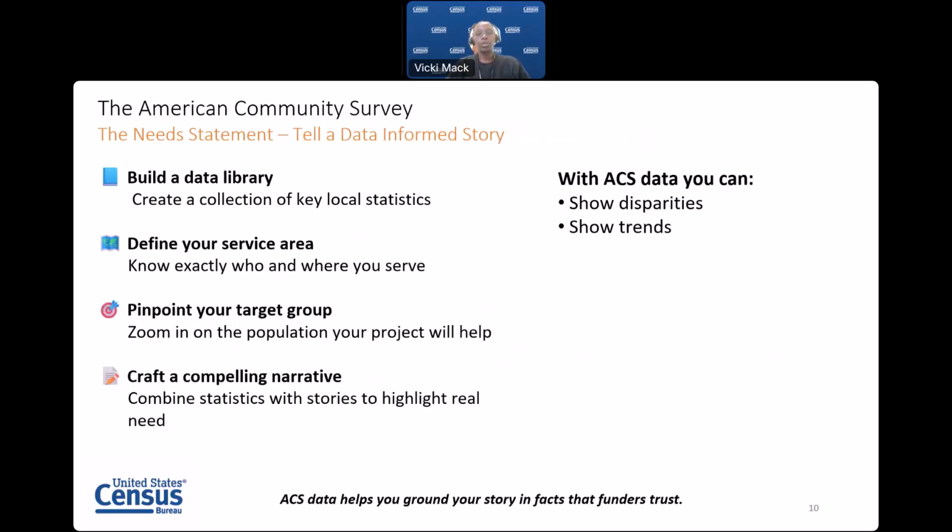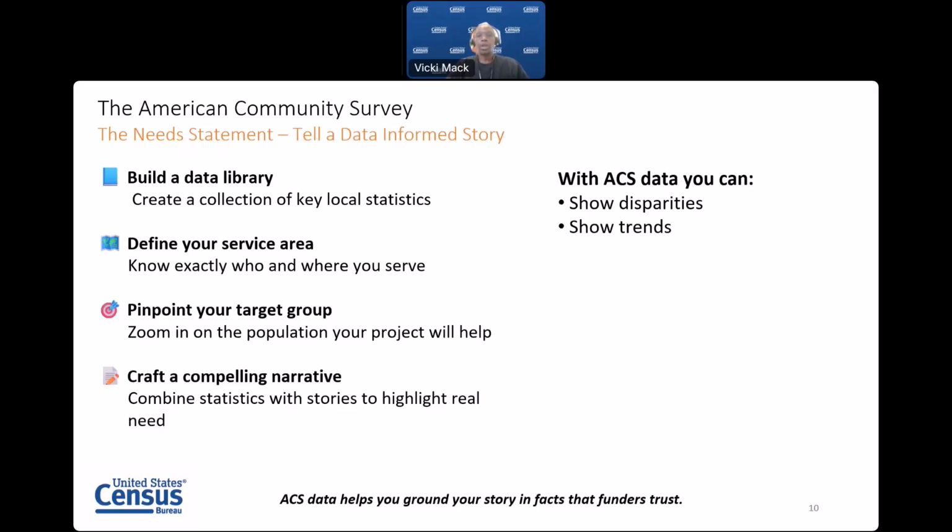ACS data can help grant writers build a data library. That is, create a collection of key local statistics that reflect the challenges in your community, such as rising housing costs and commuting issues. It can help them define their service area because ACS data allows you to clearly identify the geographic area your project will serve.